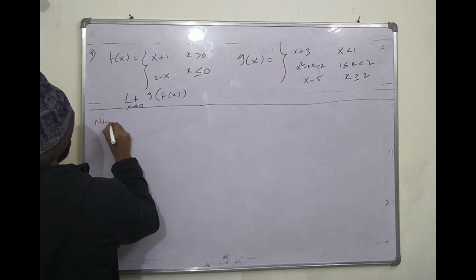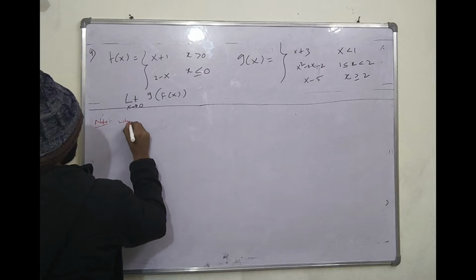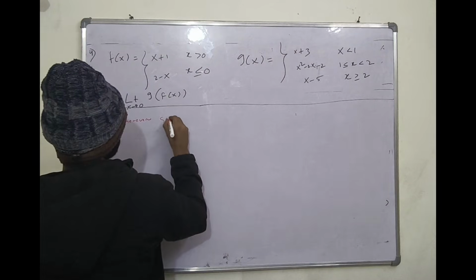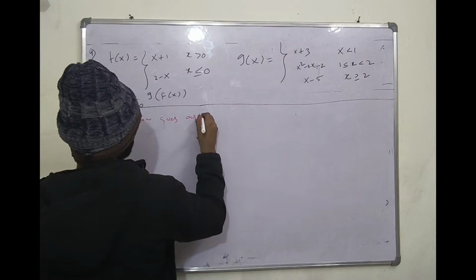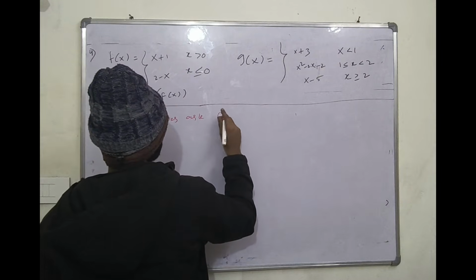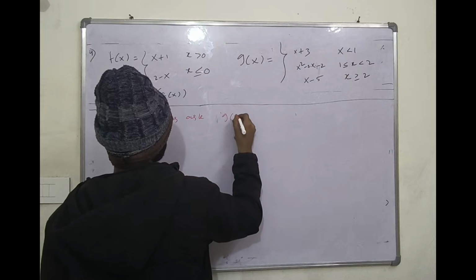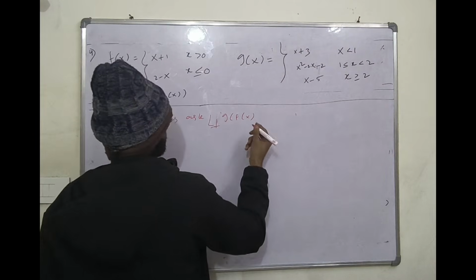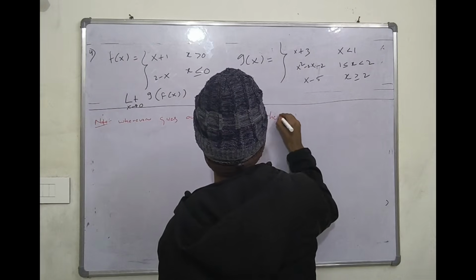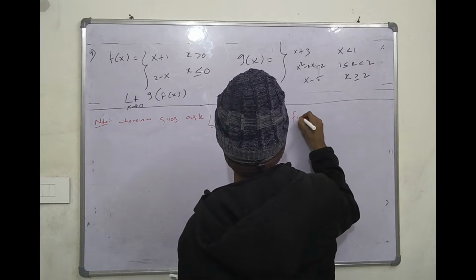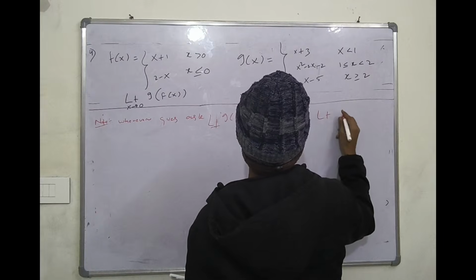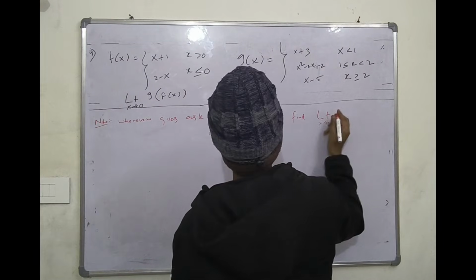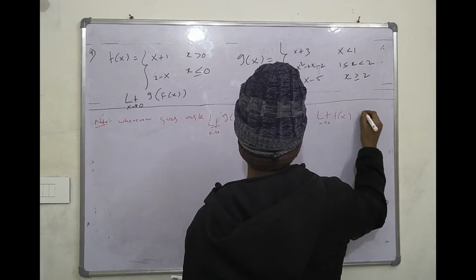Note point is when our question asks a function of a function like the limit of g of f of x, okay, then find the limit as x tends to 0 of f of x first.